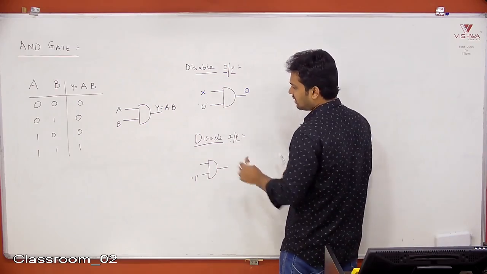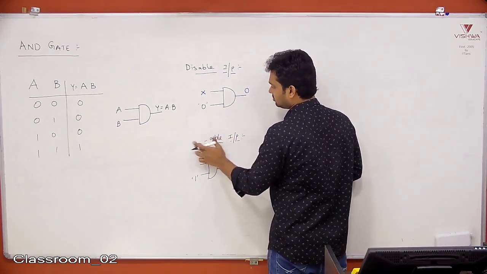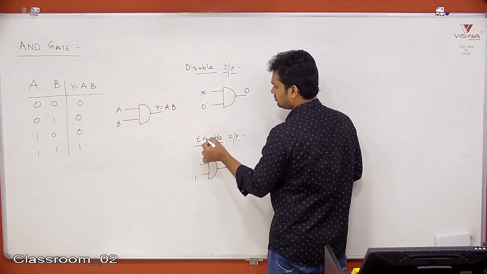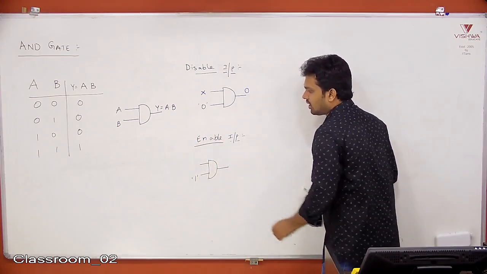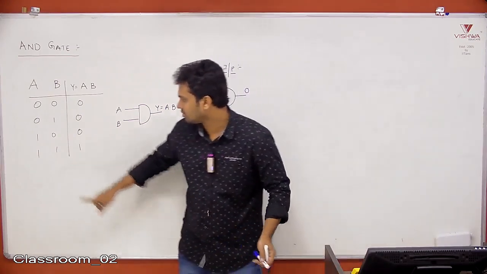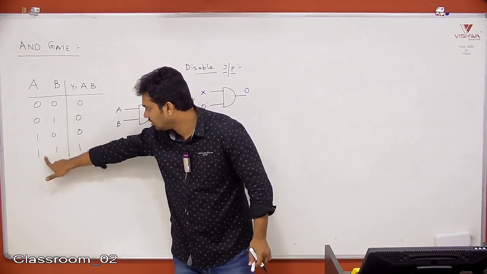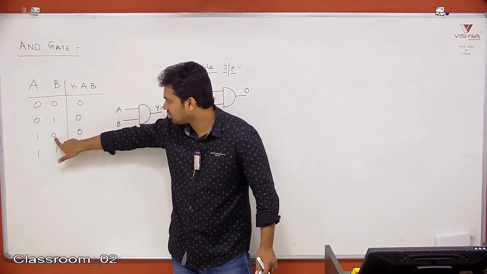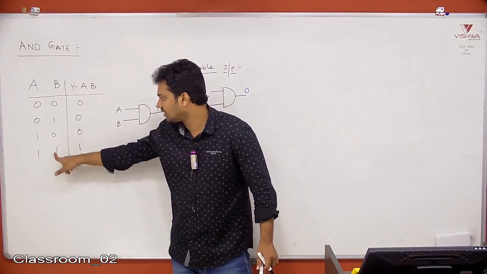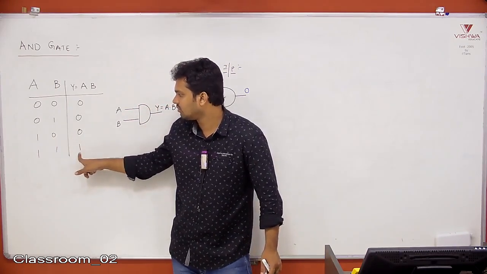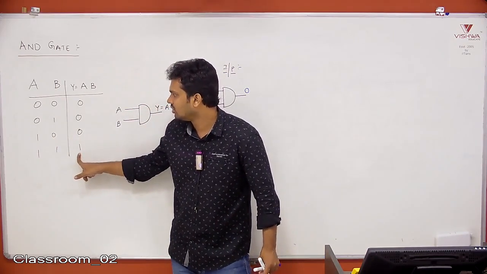Then what is enable input? If one of the inputs to the AND gate is 1, you observe, one of the inputs is 1, other input is 0, what will you get? 0. Other input is 1, what are you getting? 1. Is it clear?